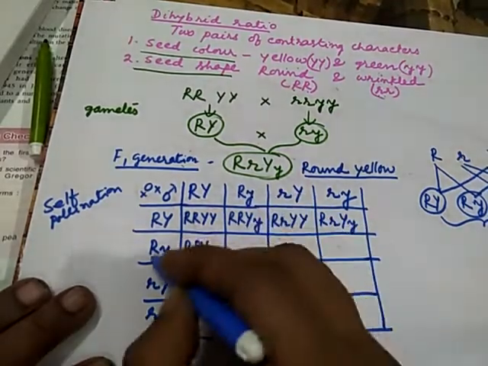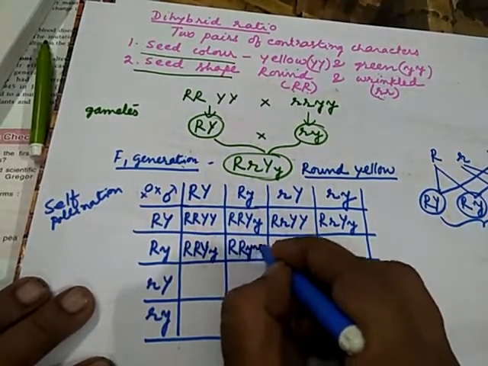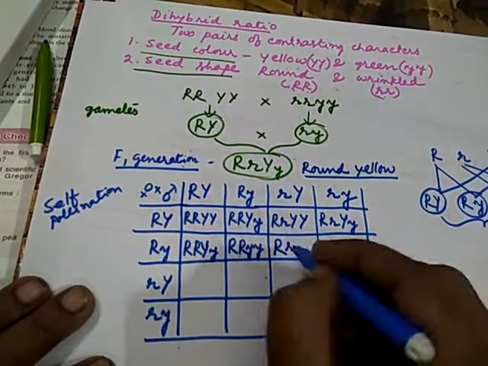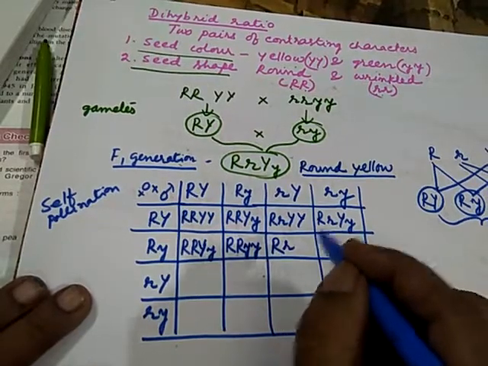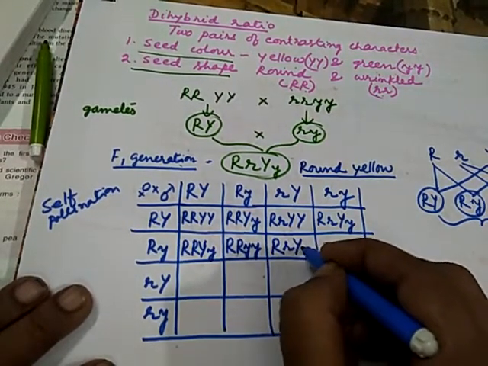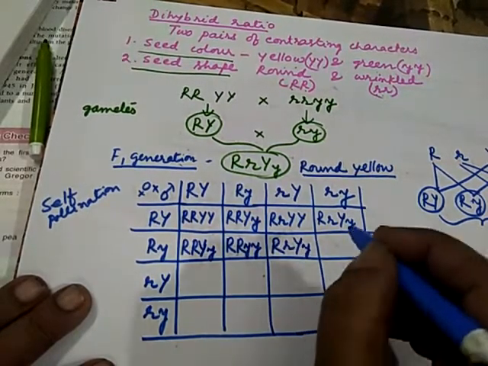Then multiplying with R, small y, again capital R, the dominant letters come first. Then the second character we place is Y: Y stands for yellow, small y stands for green.